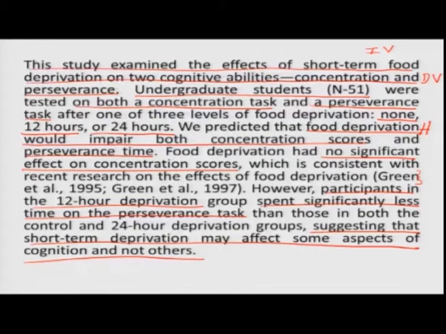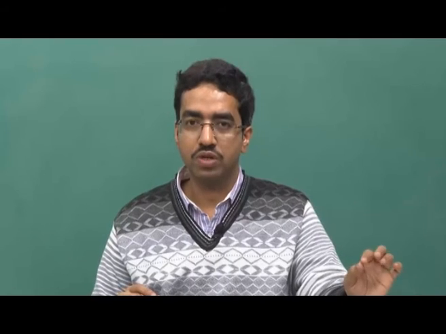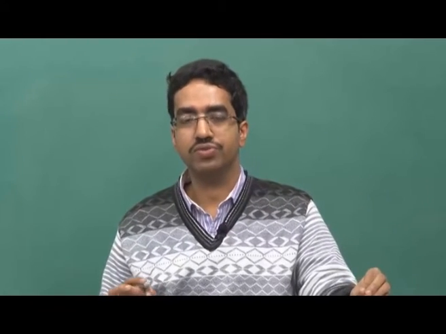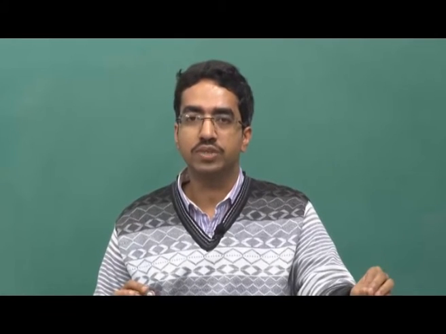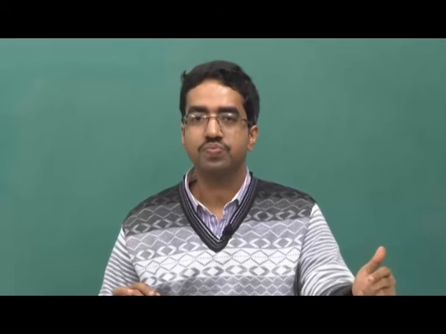And then the main contribution of the current study. This is very crucial. That is how you write an abstract, a good one which captures all the elements of your research paper and makes your readers interested in your research.